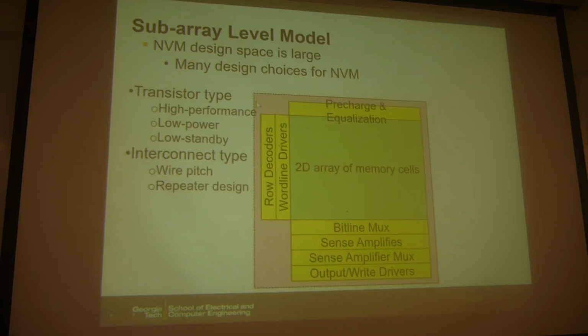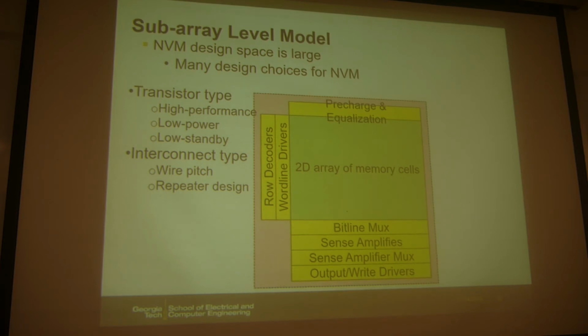It will provide different options because you may have a very large design space. You have many choices, and each module will have different choices. For example, you can choose a transistor type: high performance transistor, low power transistor, low standby transistor. This is more related to the foundry technology.